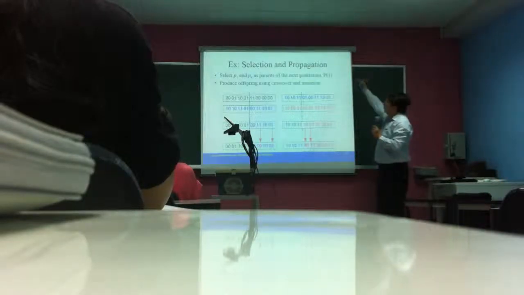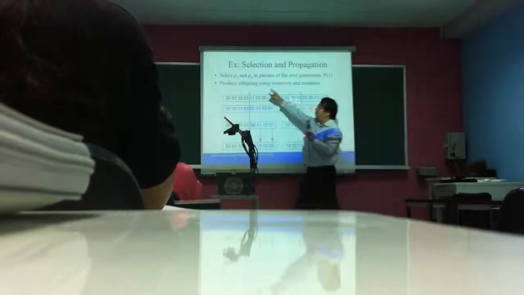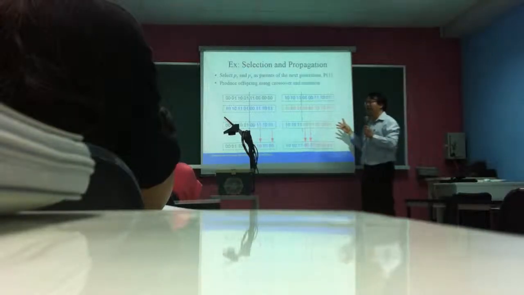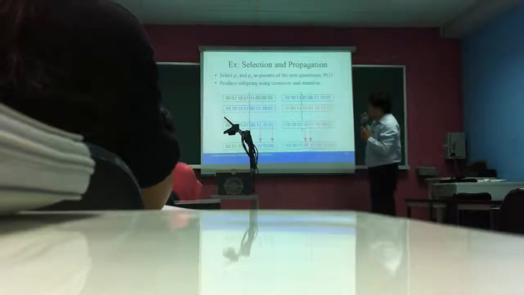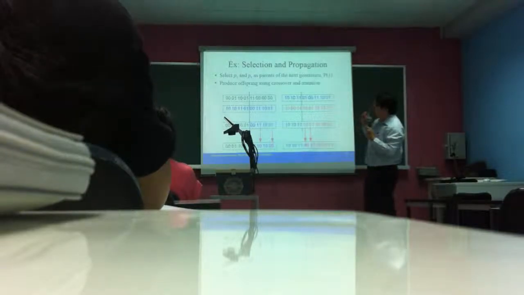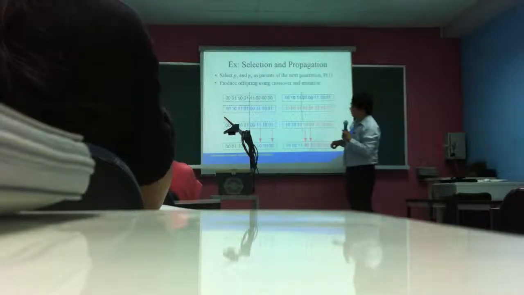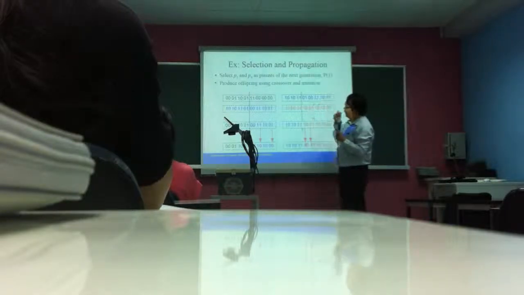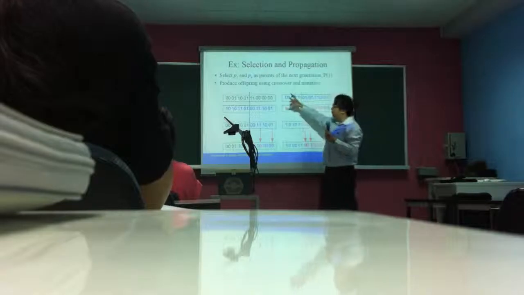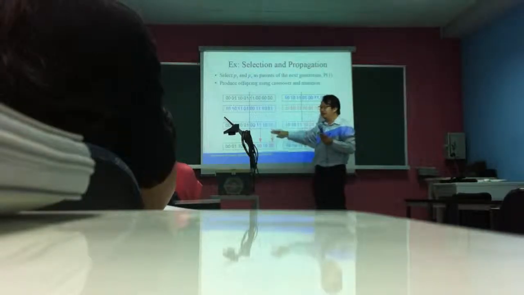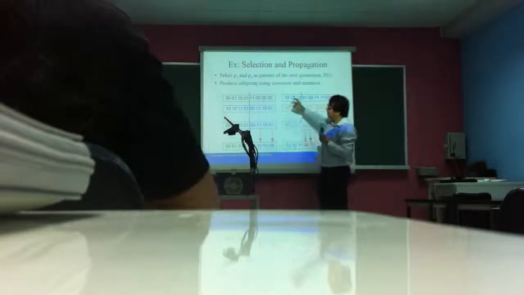So from this one, we select P1 and P4, because P1 and P4 are the best out of 4, right? And then we use P1 and P4 to create a new population. The way we create is we use crossover first and then mutation, before mutation and after mutation, such as this one.